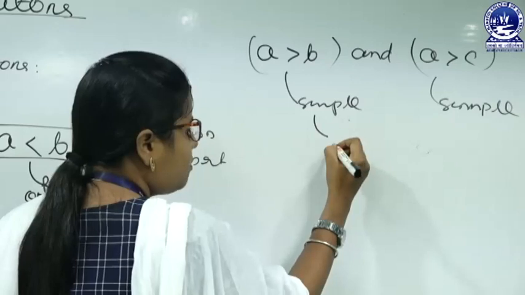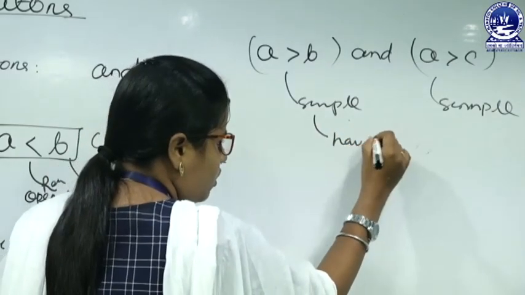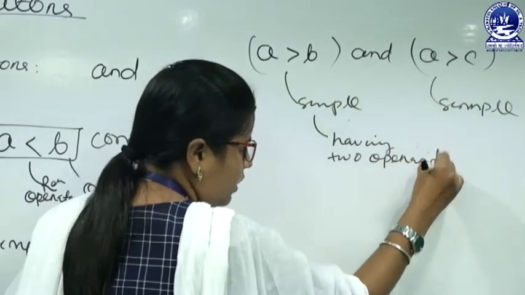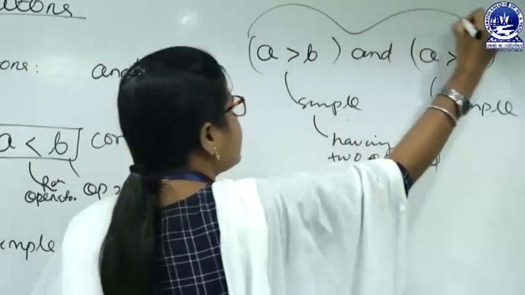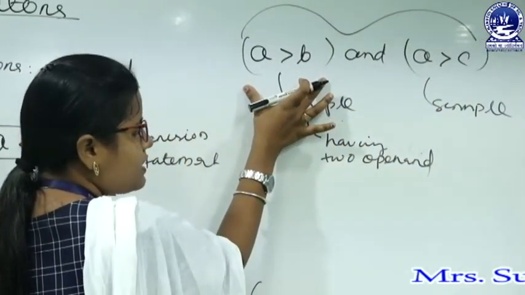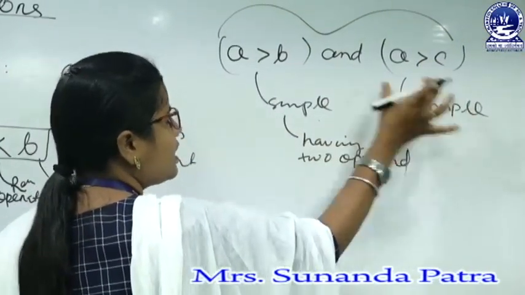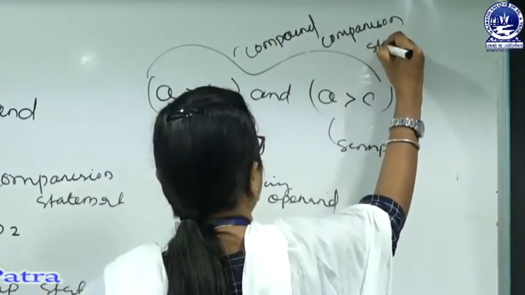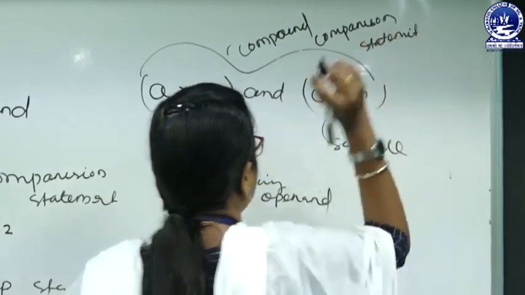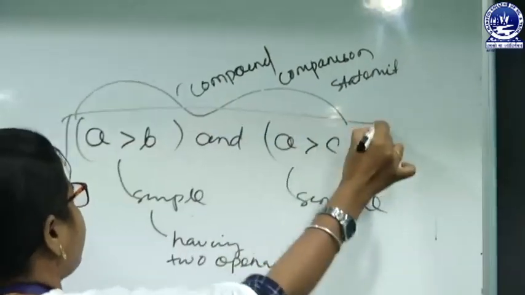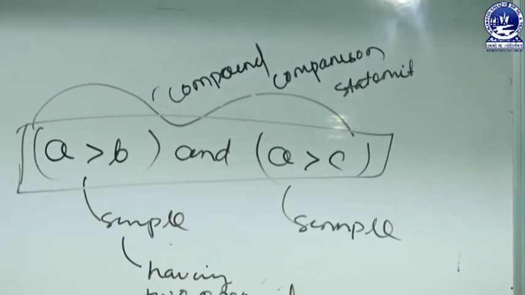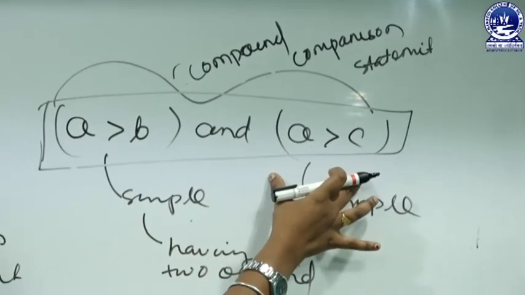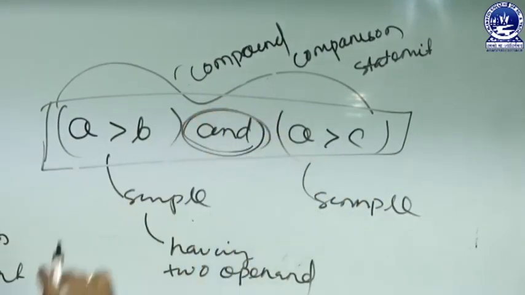A simple comparison means having 2 operands. But combining this first simple statement and the second simple comparison statement, we have a compound. So, the whole statement is our compound comparison statement. We are comparing 2 simple comparison statements by using the logical AND operator.